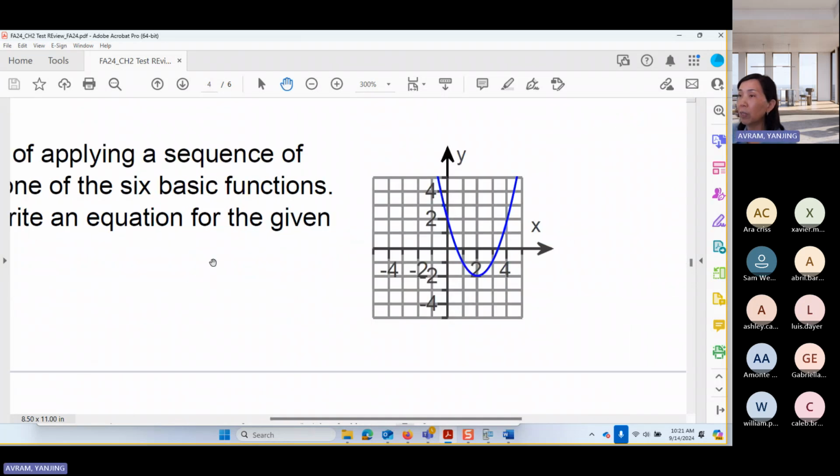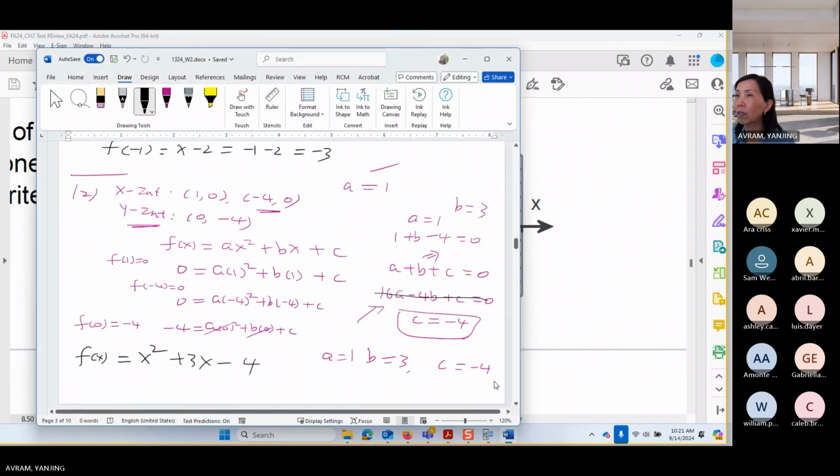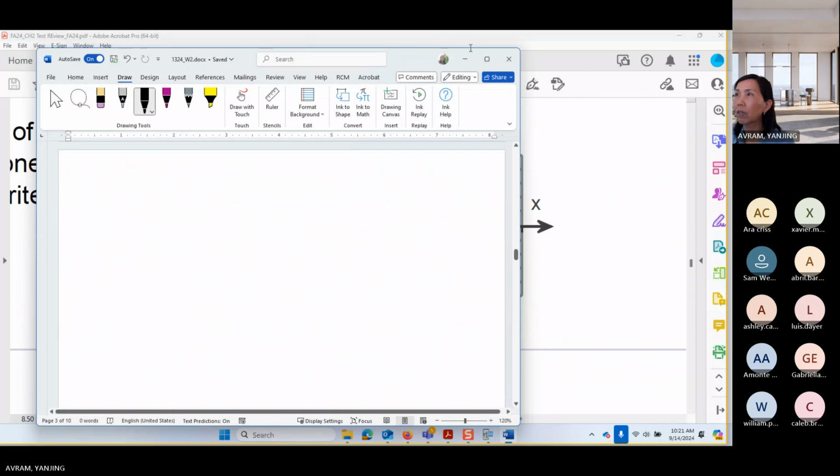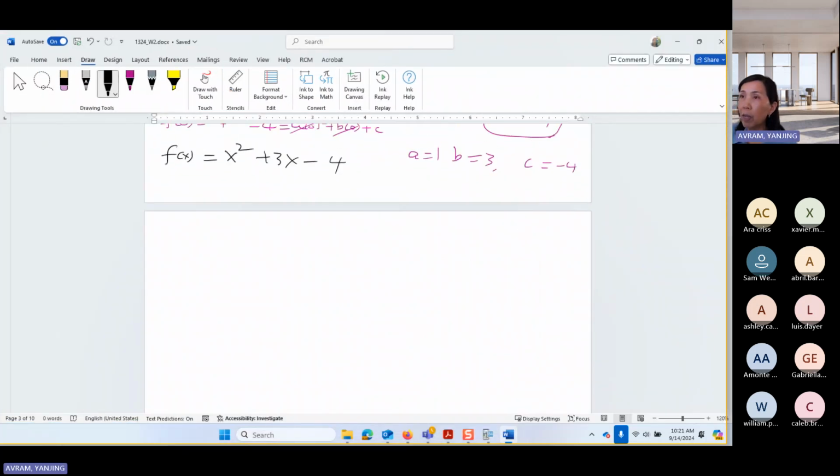So what are those 6 basic functions? Let's see what the 6th basic function is.